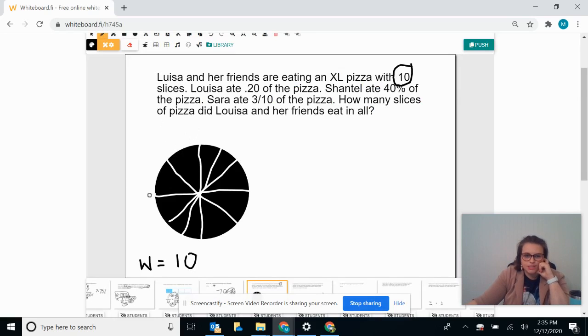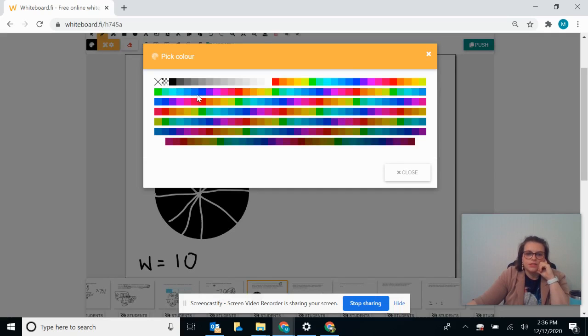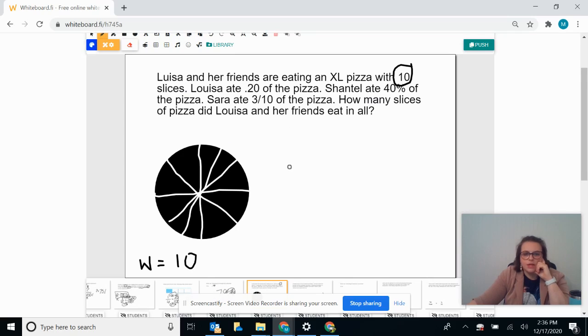There are 10 slices in this pizza. Louisa ate 0.20 of the pizza, okay? Chantel ate 40% of the pizza.